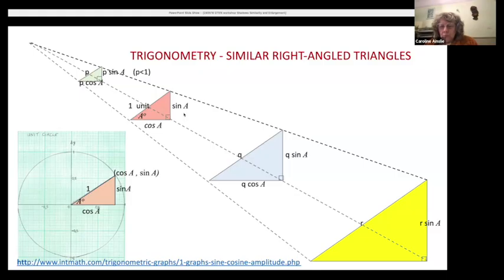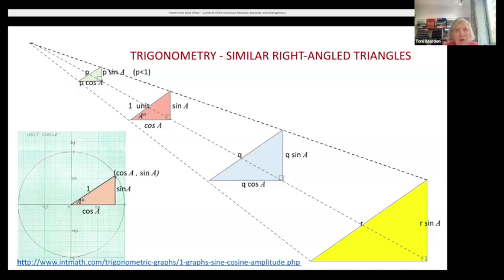But what it's giving you is the sine that's going to be useful for all triangles which have the angle equal to angle A. And as you go round this circle, you can get angles bigger than 90 degrees, and the x coordinate is going to be the cosine and the y coordinate is going to be the sine.